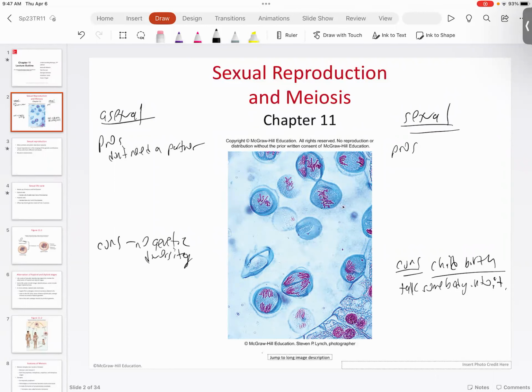That's a little tricky to deal with because there's multiple variables in there that you have to parse out that we really can't. So in terms of genetic diversity, that would be a pro for sexual, right? So in this case, you would have lots of genetic diversity, maybe, or more.